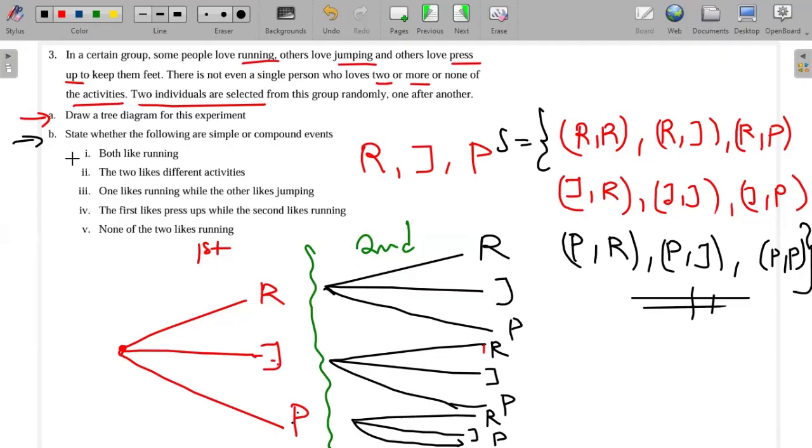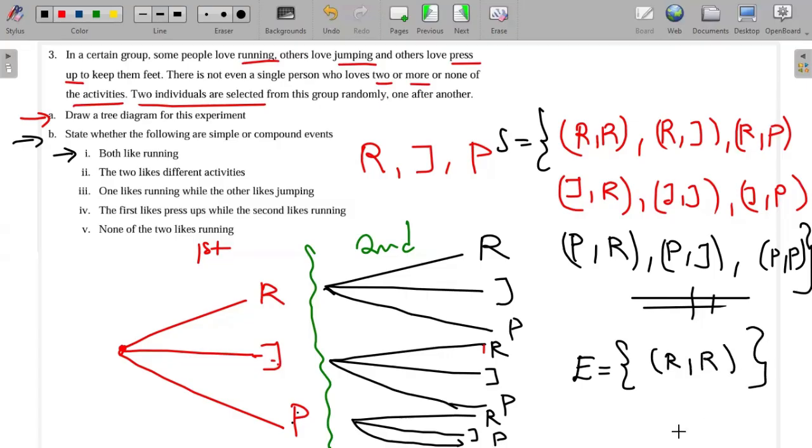So if I look at this event, the first one, they're saying both like running, okay? Both like running. So is that event, for both of the people that they have selected liking to run, simple or compound? So where can I see RR in this sample space? I can only see it one time like that.